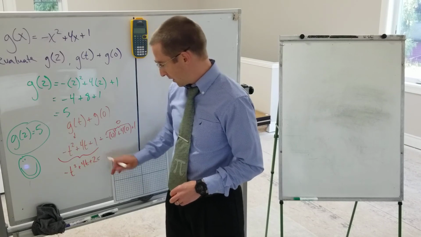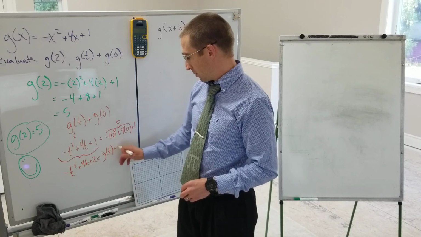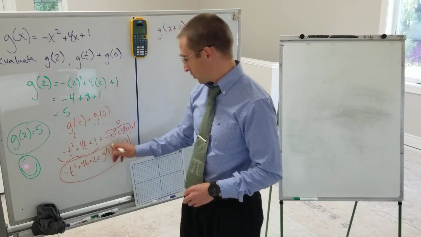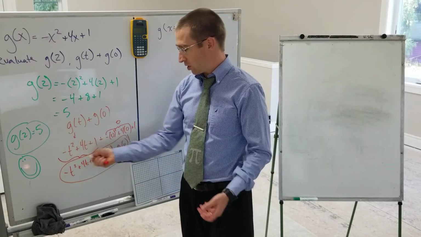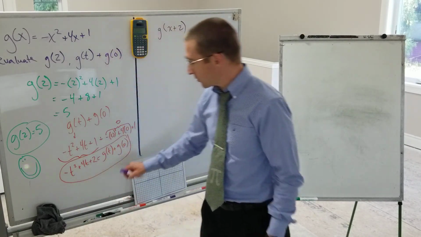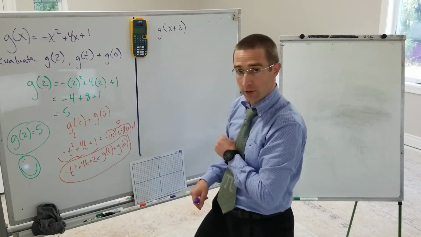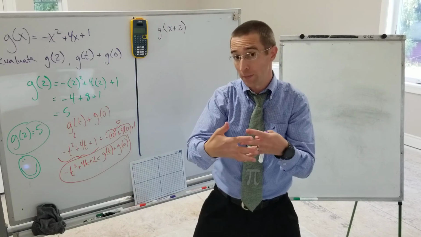So this is g of t plus g of 0. Basically, g of 0 is just 1. So it's g of t plus 1. All right. And notice with this one, with the addition outside, so it's g of t and then plus g of 0, we evaluate this one, we evaluate this one, we combine them.